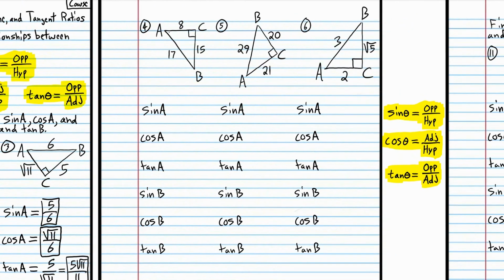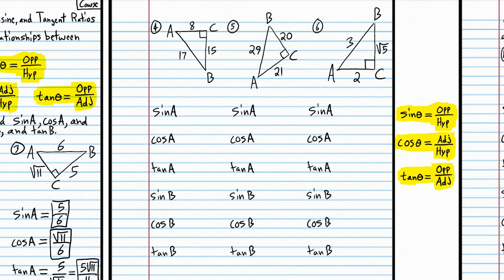All right, we're back. So sine is opposite over hypotenuse. So 15 over 17. And cosine is adjacent over hypotenuse. Tangent is 15 over 8.